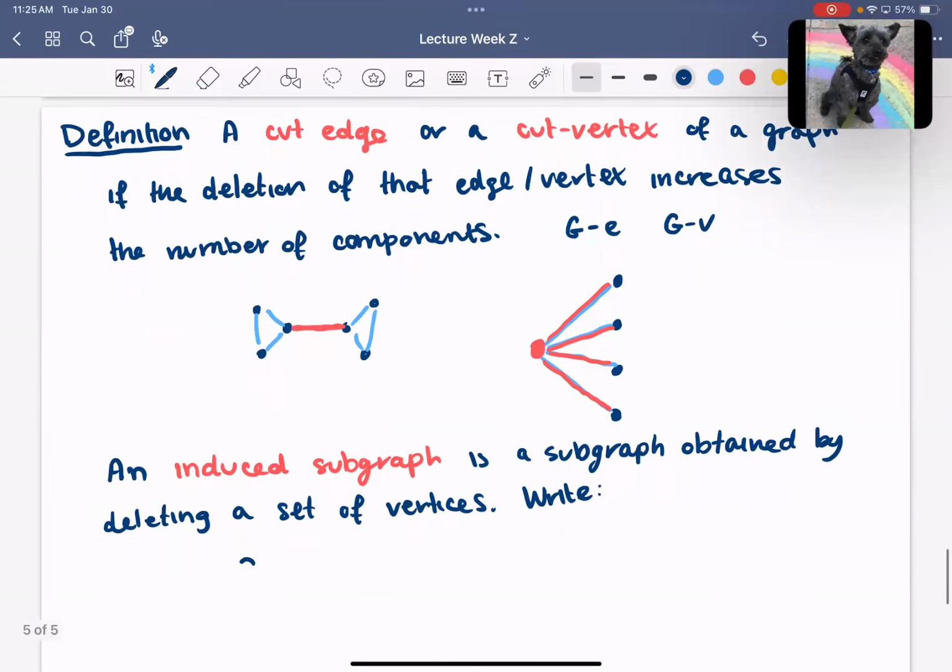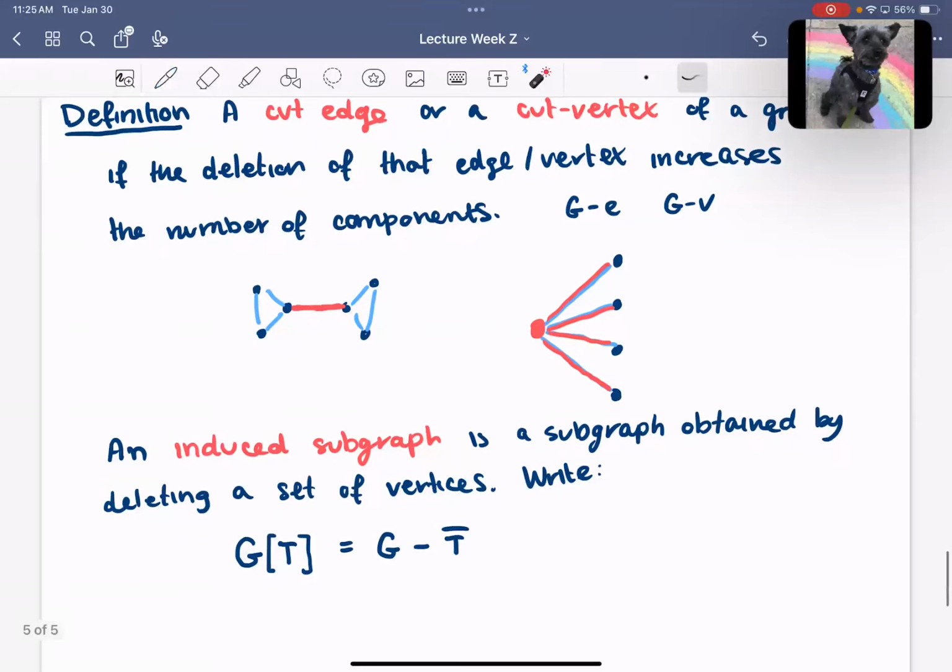Let's say T is a subset of the vertices, then I would write G brackets T for the graph G minus the complement of those vertices. In this example, the 4 isolated vertices are an induced subgraph, and that induced subgraph is G of those vertices. Does that make sense?